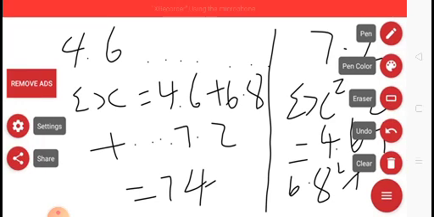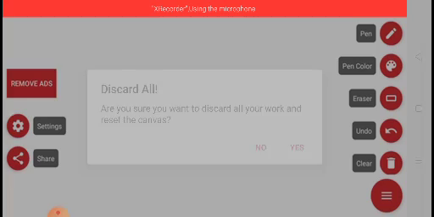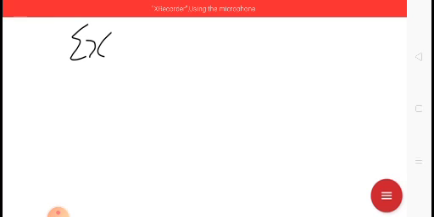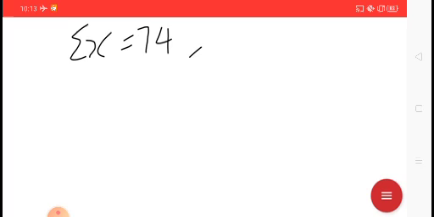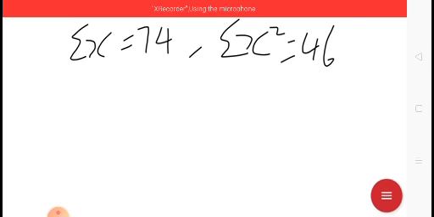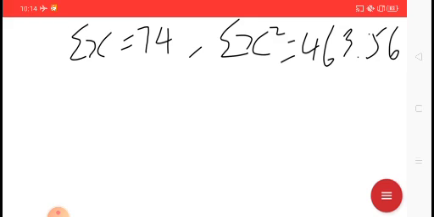These two need to be shown. So you get the sum of x equal to 74 and the sum of x squared equal to 463.56. Once you have these two, you can substitute and calculate.